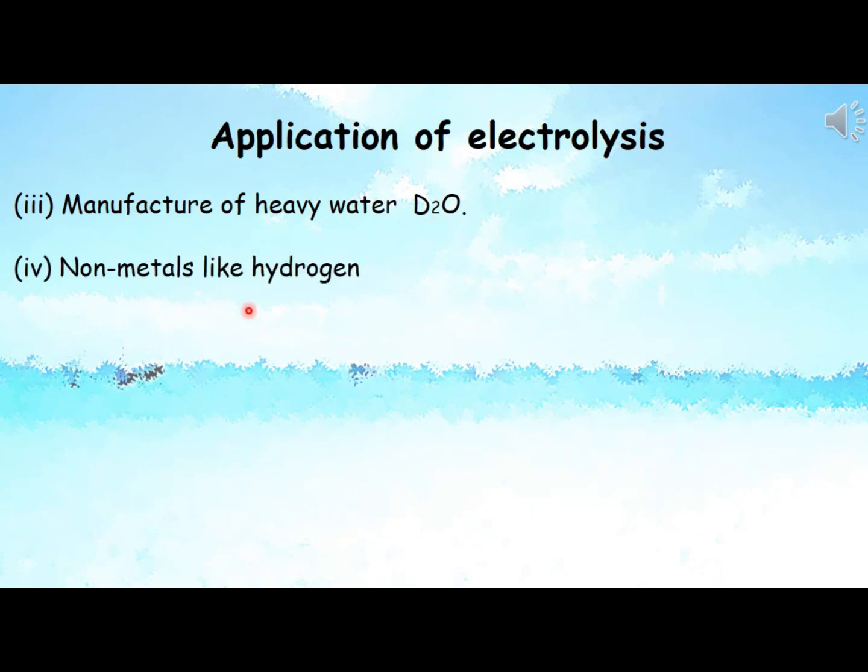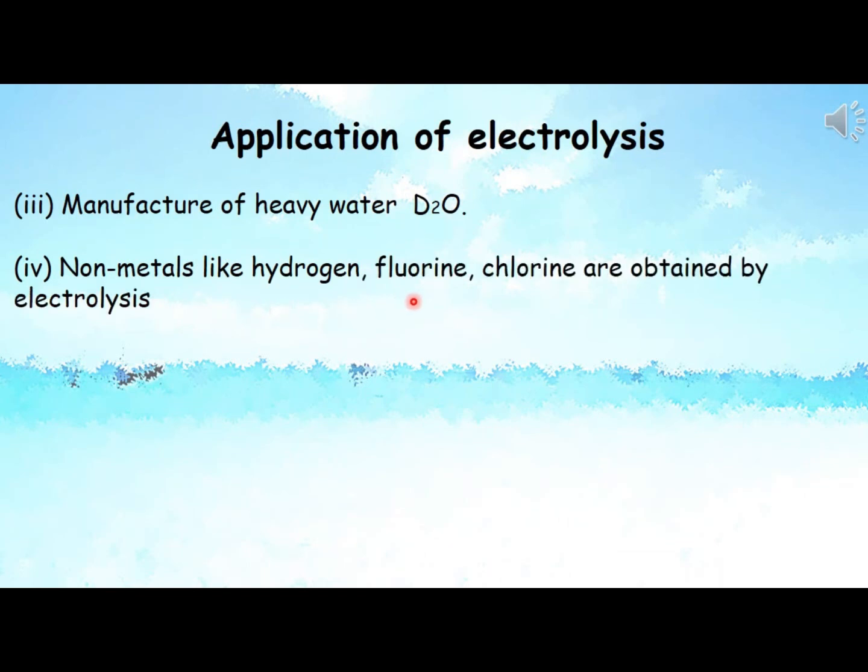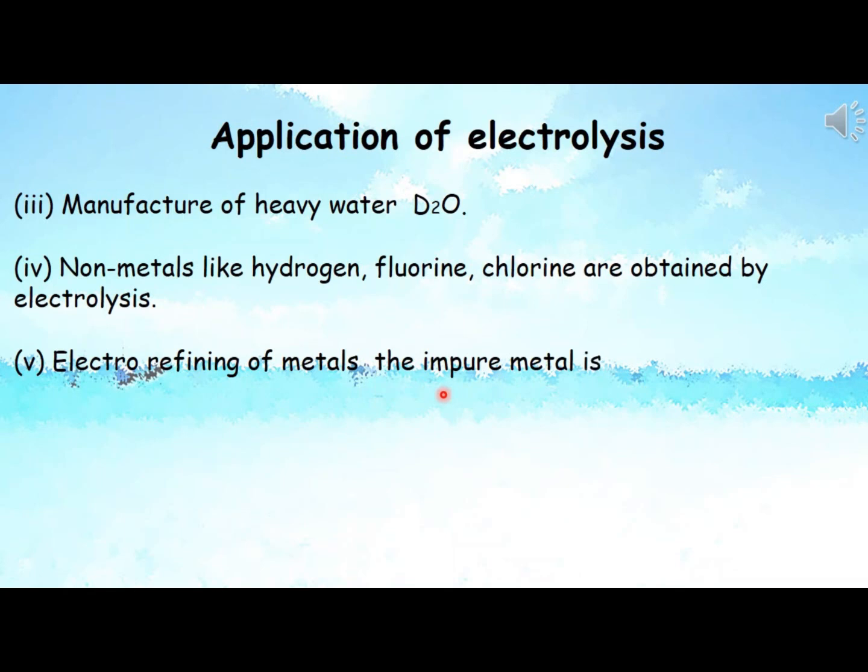Nonmetals like hydrogen, fluorine, chlorine are obtained by electrolysis. Then there is the electro refining of metals, as we have discussed in the electrolysis of copper sulfate using copper electrode.